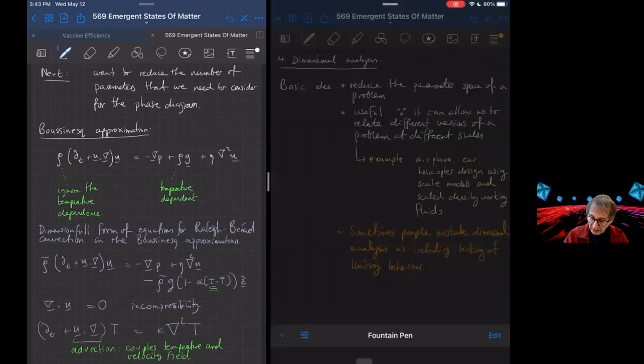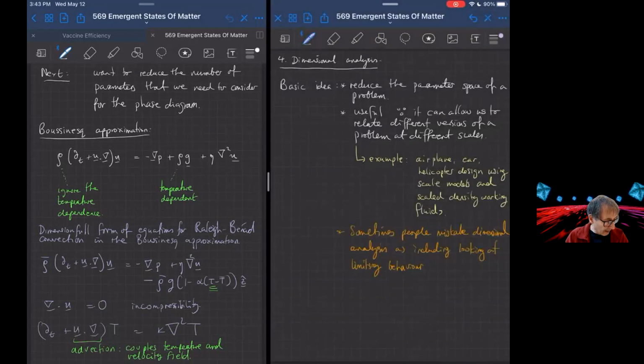Okay, so let's say, what is the fundamental statement of dimensional analysis. The fundamental statement of it is that a dimensionless function cannot depend on dimensionful quantities.